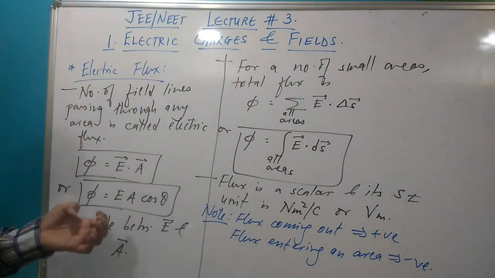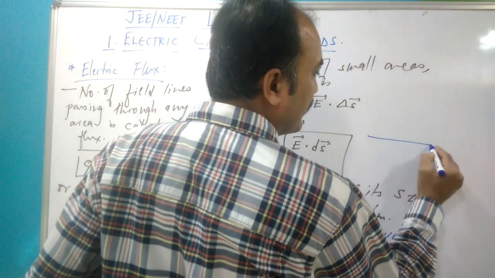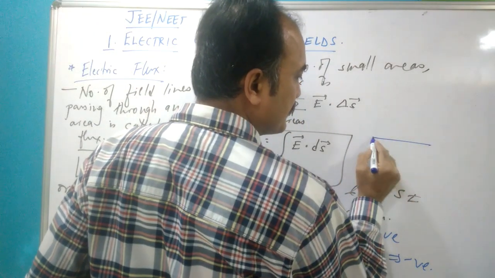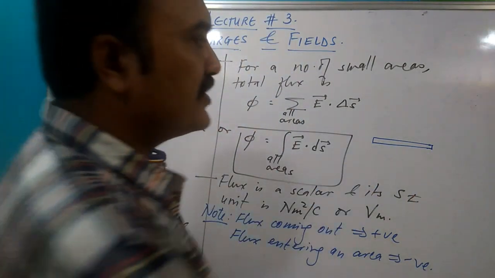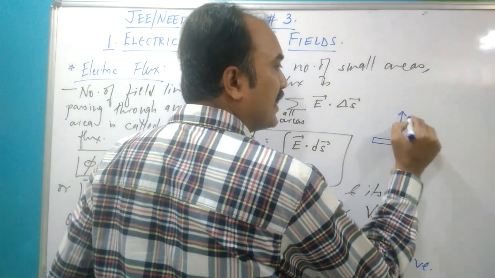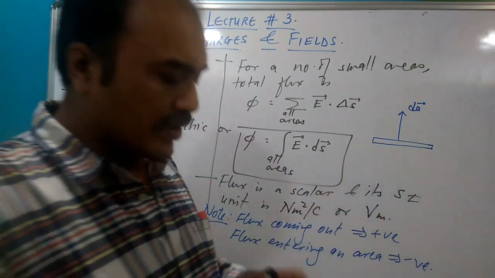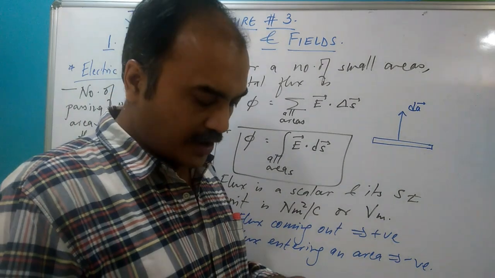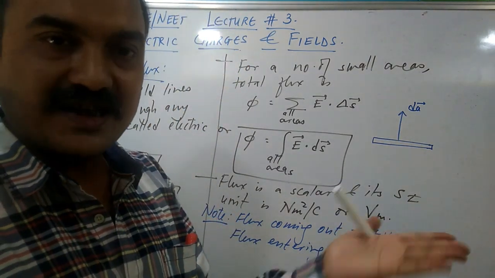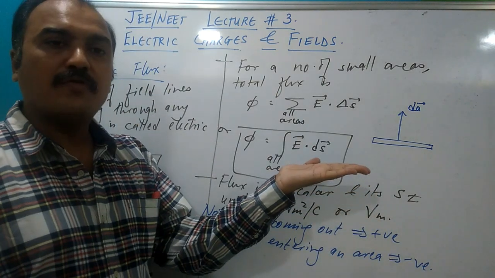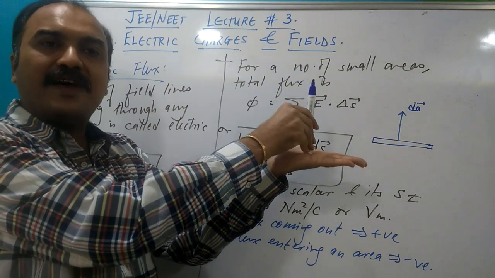Let's move on. Anything else? Yes, always remember, suppose this is an area, this is a surface. What will be the area vector of the surface? The area vector is always perpendicular to the surface. So if I were to ask you that this is my area, what would be the area vector?